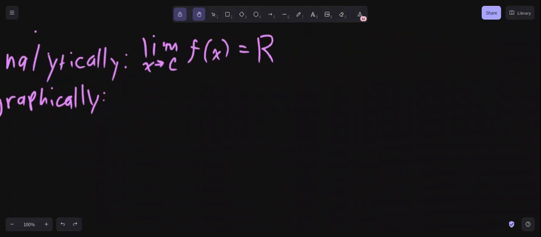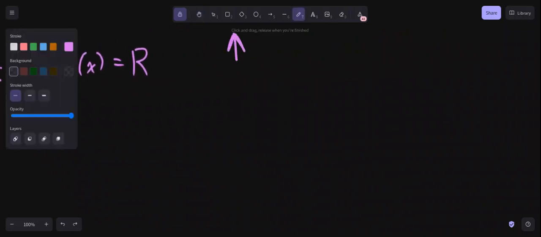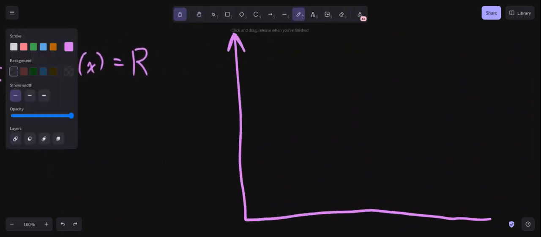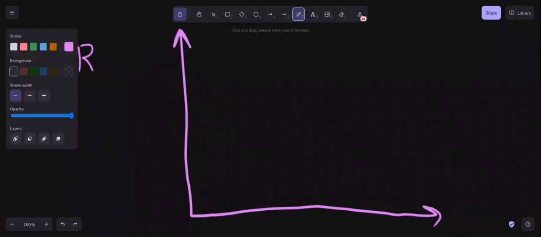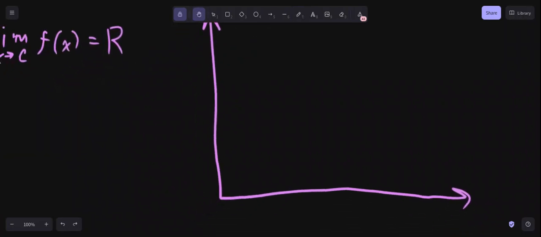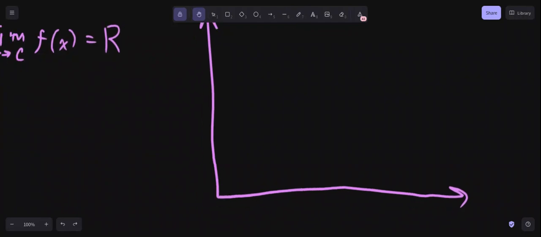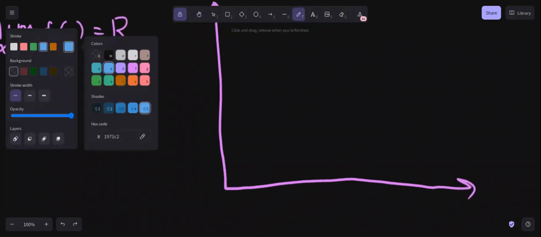So, if you want to evaluate the limit of, let me sketch a graph of f of x, where f of x is equal to x squared.